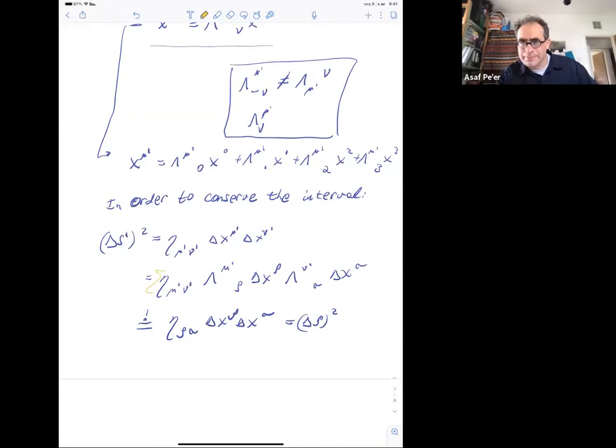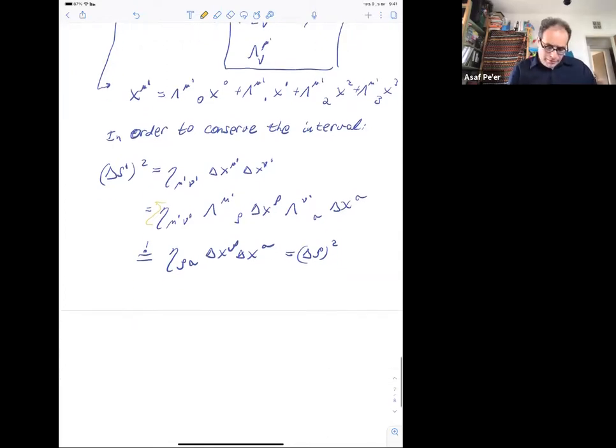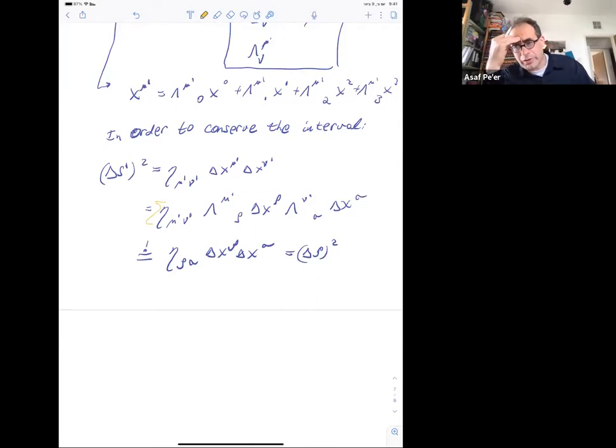Now, we want the interval to be conserved. Since we have all this summation, it really means we're going term by term, so I can just take this term here and move it over here, because it's all about terms.